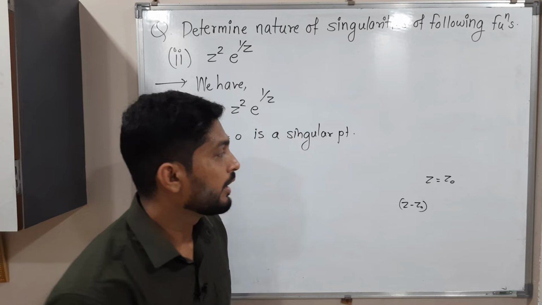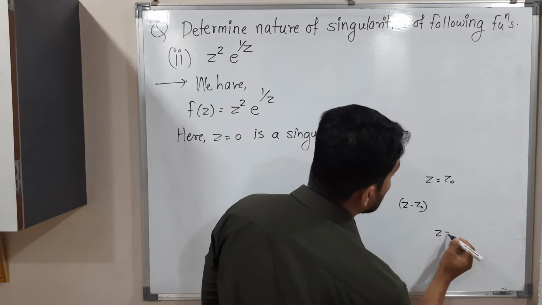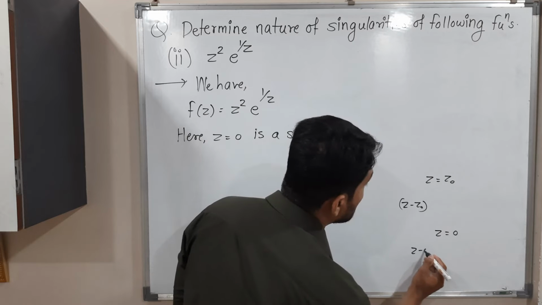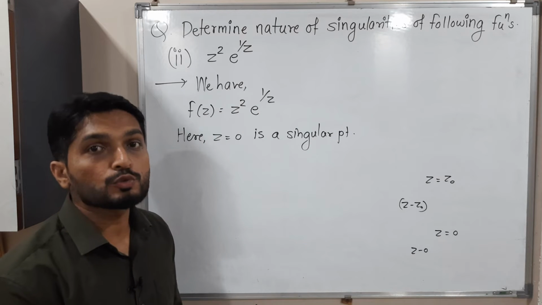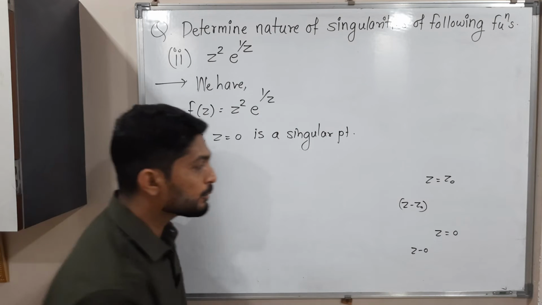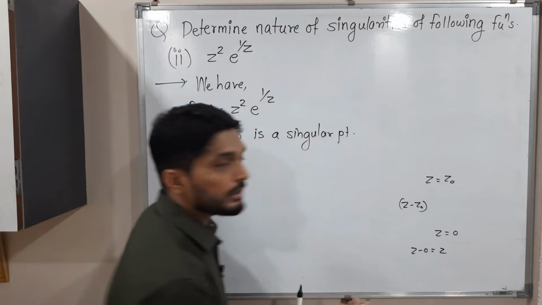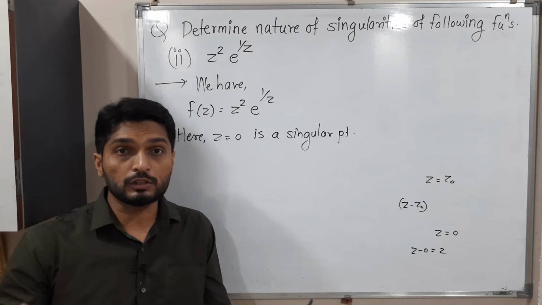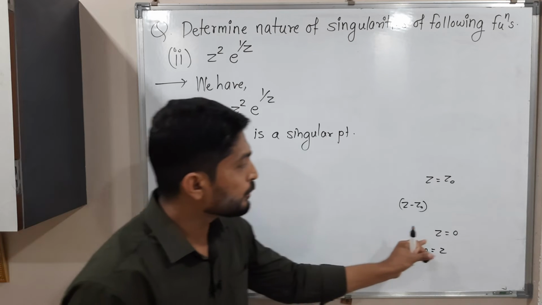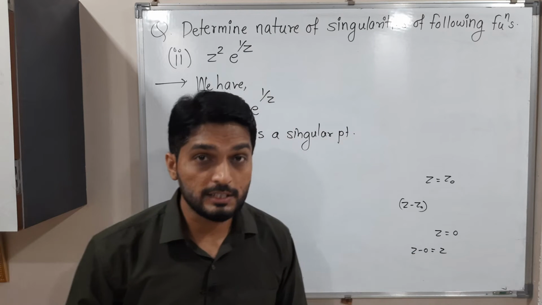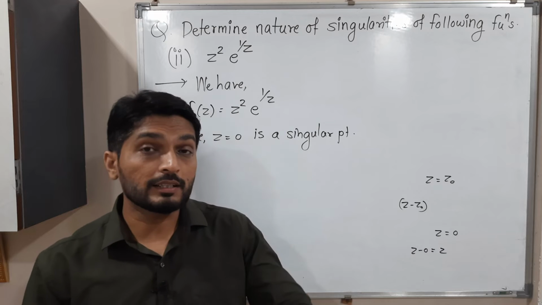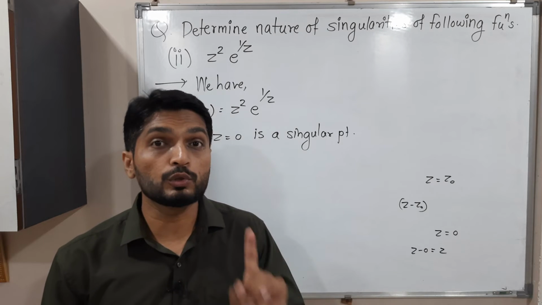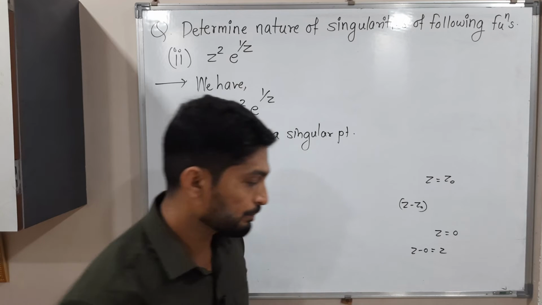But when you have to find the Laurent expansion about z is equal to 0, that means z minus 0, which is z itself. So simply z appears everywhere, no need to worry. But if you have some point other than 0, like 2, 3, minus 1, minus 2, then you need to take care of it.